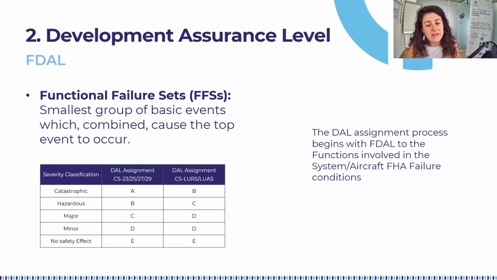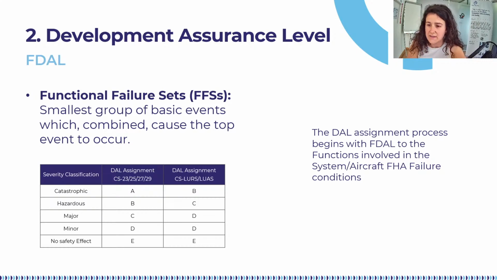And then for the CS LURES or LURES that are drones, the DAL is changed, and it's B, C, D, D. And there is another one for VTOL, now is different and different configuration. So you need to make sure what is your case.